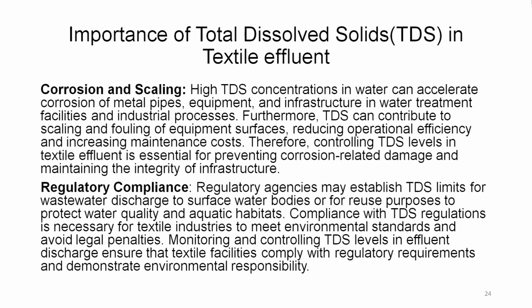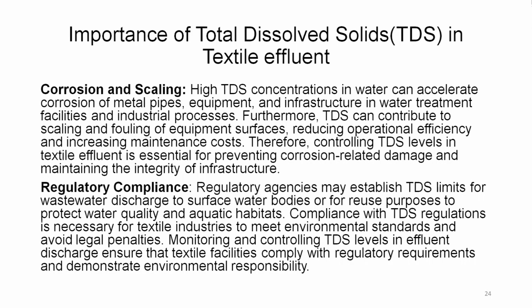Corrosion and scaling. High TDS concentrations in water can accelerate corrosion of metal pipes, equipment and infrastructure in water treatment facilities and industrial processes. Furthermore, TDS can contribute to scaling and fouling of equipment surfaces, reducing operational efficiency and increasing maintenance cost.